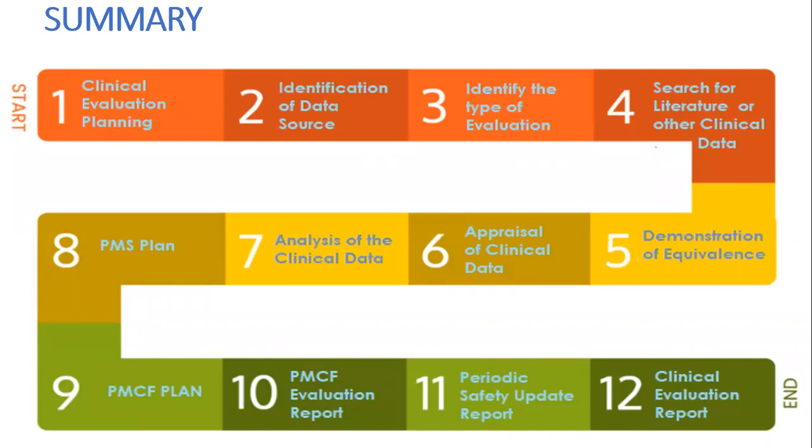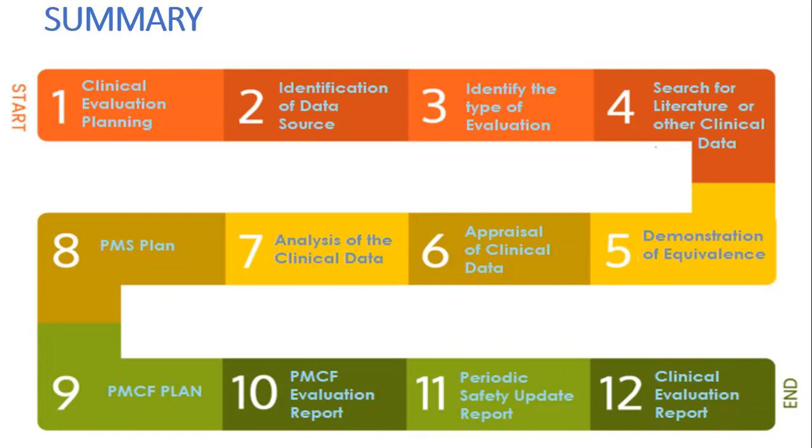So this was about clinical evaluation and PMCF. Now let's summarize how we start. We start with the clinical evaluation plan, identify the data source, and identify the type of evaluation, that is, whether you are following a clinical investigation or a clinical evaluation route.